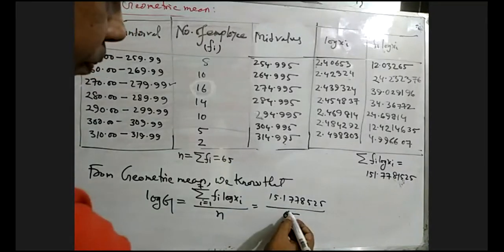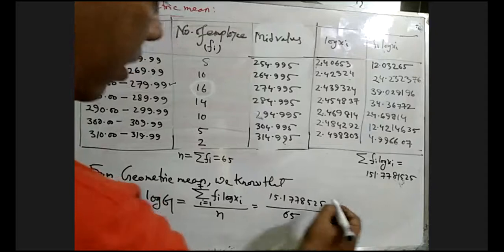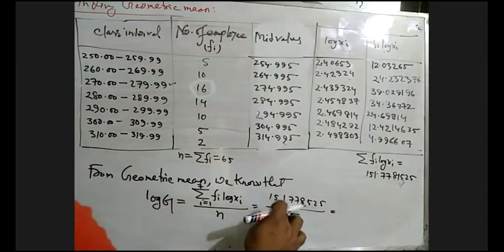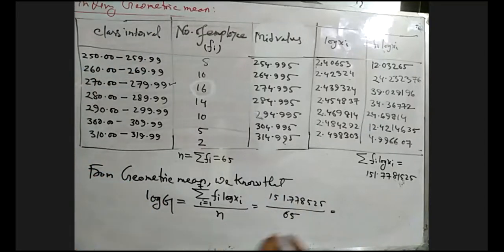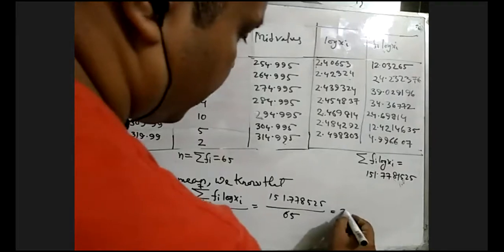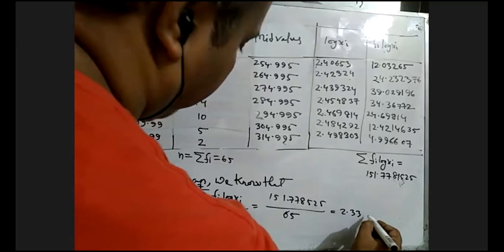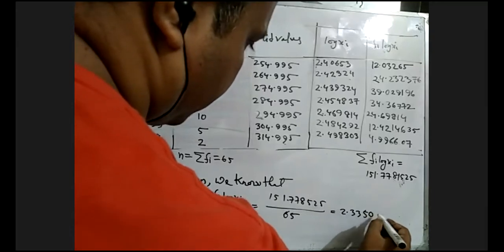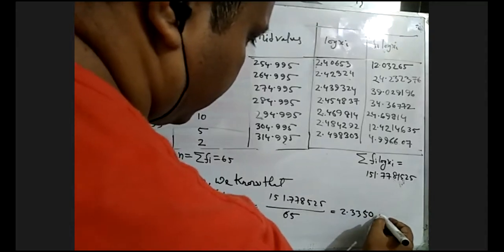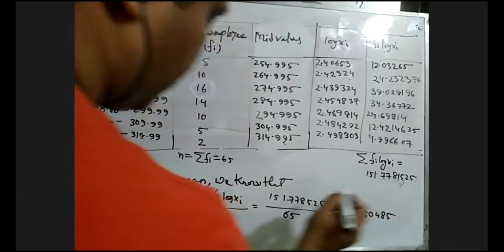So this will actually give 2.3350485. This is the approximate value.